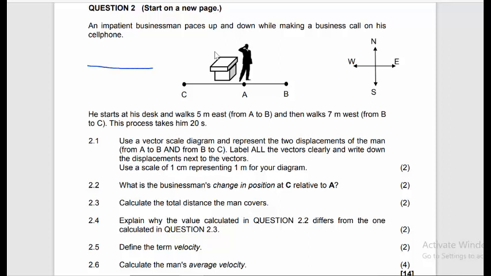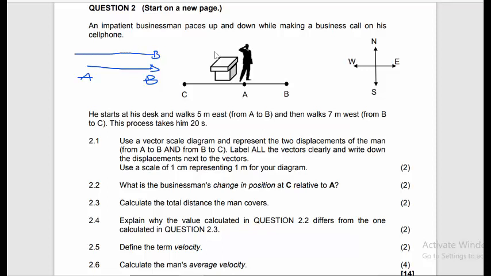So that is my A to B. I'm not going to draw everything to scale, unfortunately. So A to B, and from B to C. This is B, and from this point, let's say this is C.